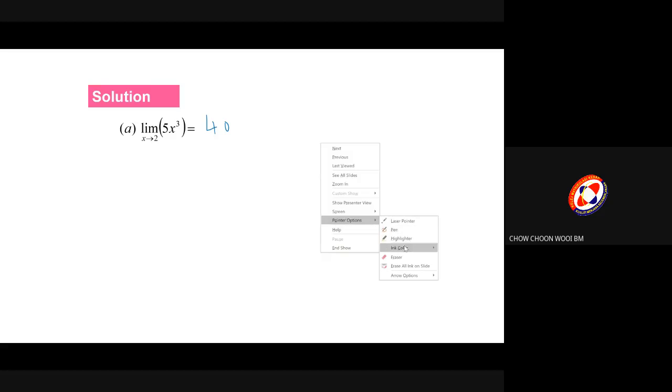Okay. Baik. Yang ni senang-senang. The first one, what is your answer? 40. Okay. So during the exam, you don't just simply write down 40, kalau PSPM lah. Kalau dalam exam PSPM, you tulis 40, you dapat kosong.